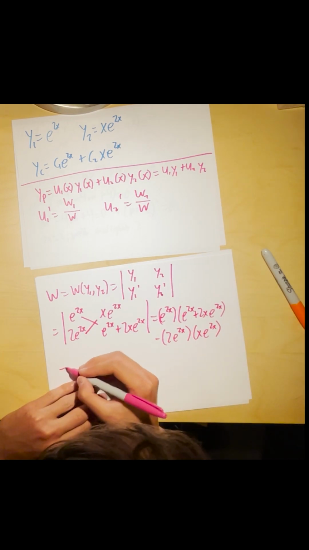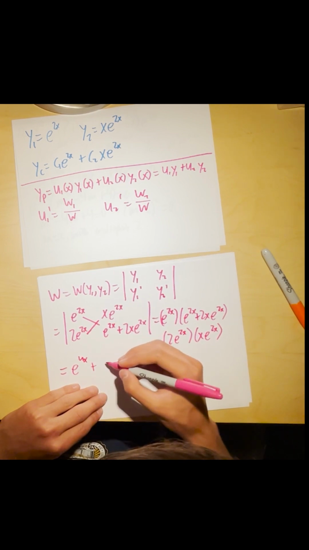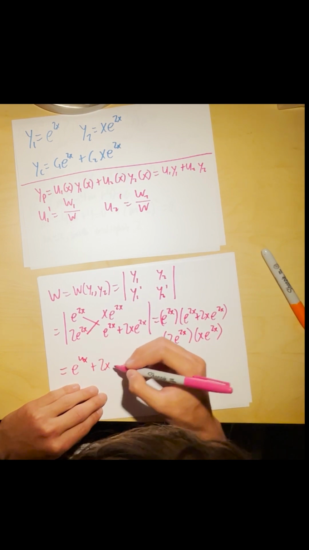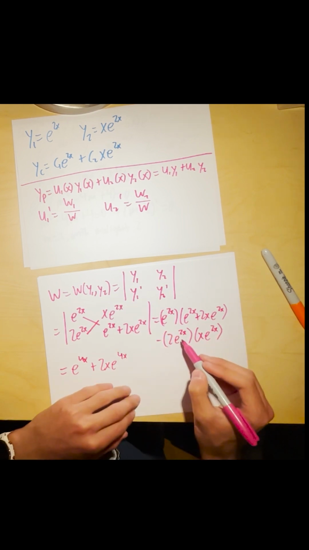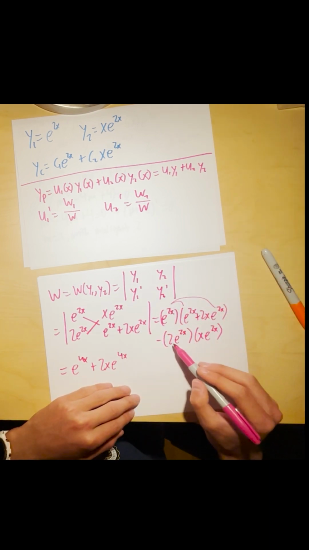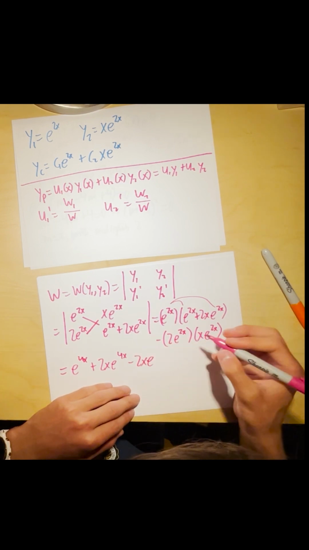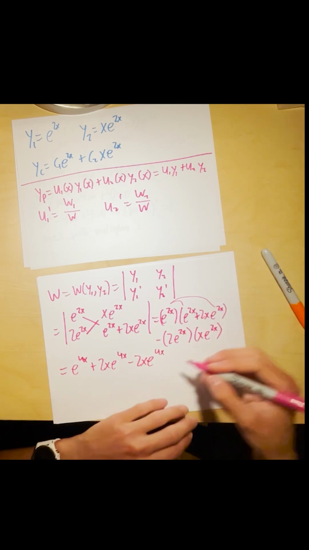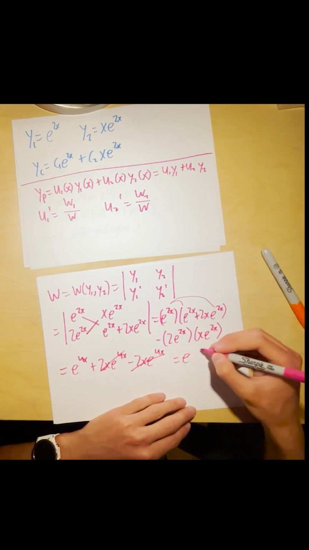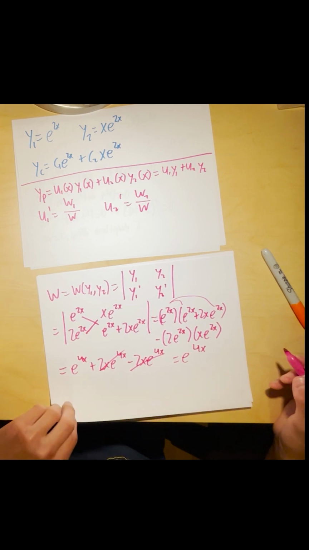And so now, expanding this, we'll get e to the 4x plus 2x e to the 4x, and then subtracting 2x e to the 4x. The exponents add, so these cancel. We're left with e to the 4x, the w, Wronskian.